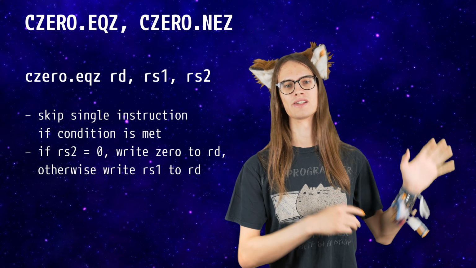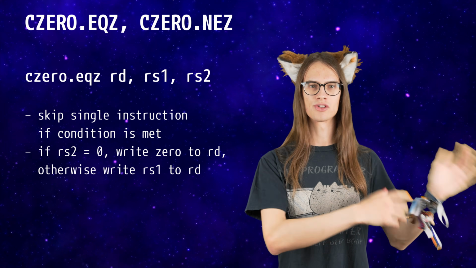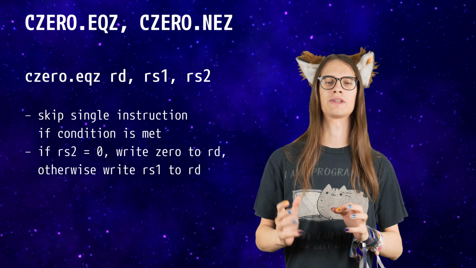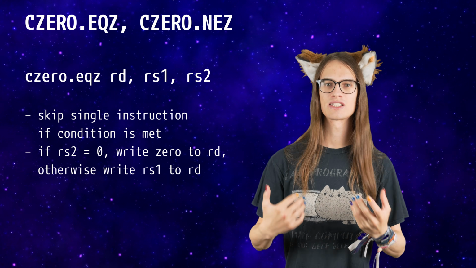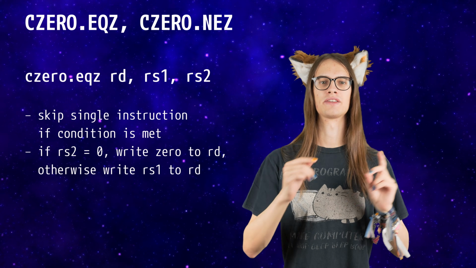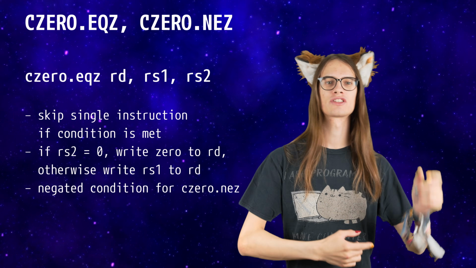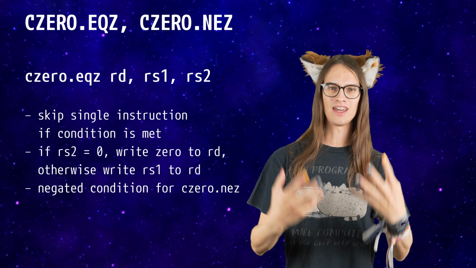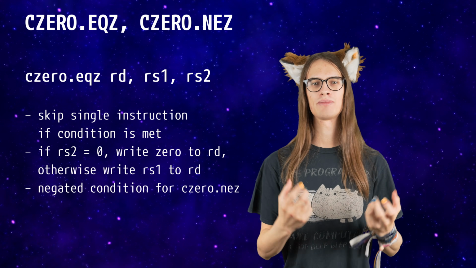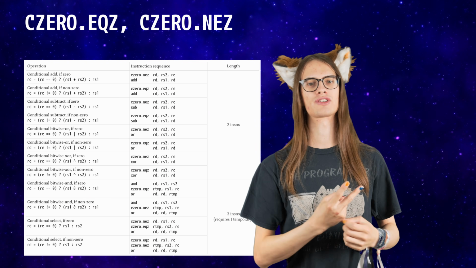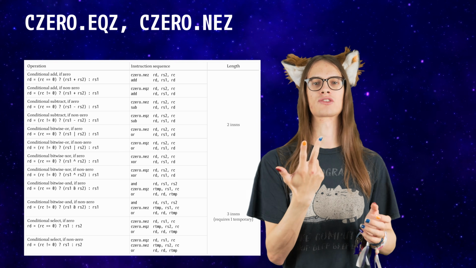If condition is equal 0, copy 0 to the destination, otherwise copy source register to the destination. That's the behavior of CZERO.EQZ, and CZERO.NEZ just flips the condition to not equal 0. Then it's really easy to implement most common conditional operations in 2 instructions and the rest in 3 instructions.